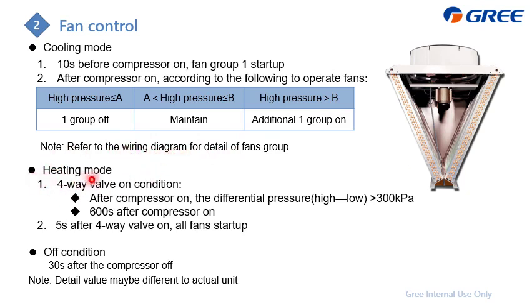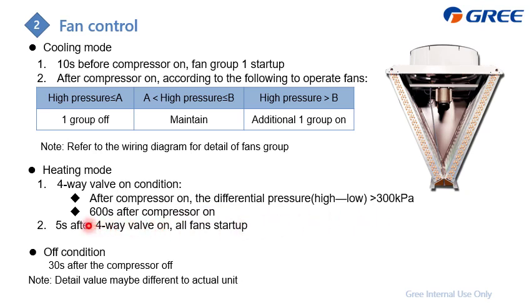As for the heating mode, we need to wait for the four-way valve to change direction, and the four-way valve change direction condition is like this. We need to wait until the compressor turns on, then we can apply the pressure difference to push the four-way valve, just like this.